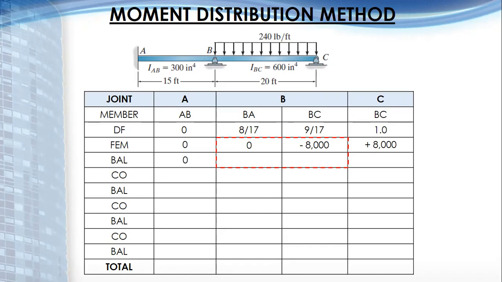So the positive 8,000 will be distributed to the two members BA and BC in proportion to the distribution factor. So positive 8,000 times 8 over 17, the result would be the balancing moment for member BA. And then for BC, positive 8,000 times 9 over 17.